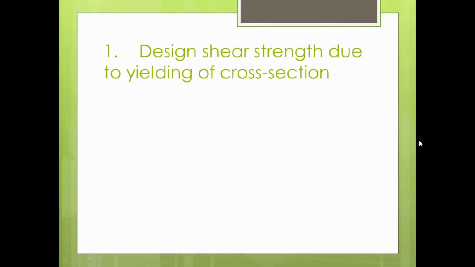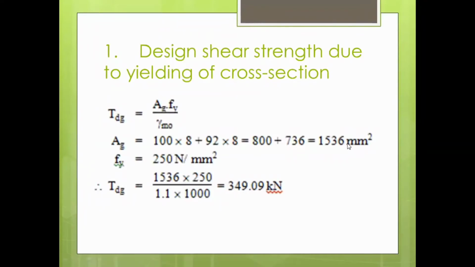First is the design strength due to yielding of cross section. For this we have the equation: gross area into yield stress divided by partial safety factor gamma MO. So we just have to find out these 3 parameters.